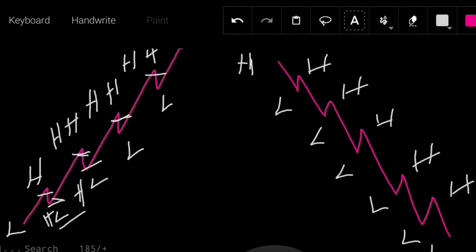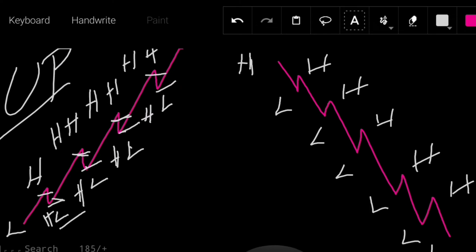This is higher than this one, higher low, and this is also higher than this one, so this is called higher low. So these are all higher highs and these are all higher lows. This is how an uptrend should be formed. There should be a clear sign of higher highs and higher lows. Drawing this is pretty difficult, but we will manage it.